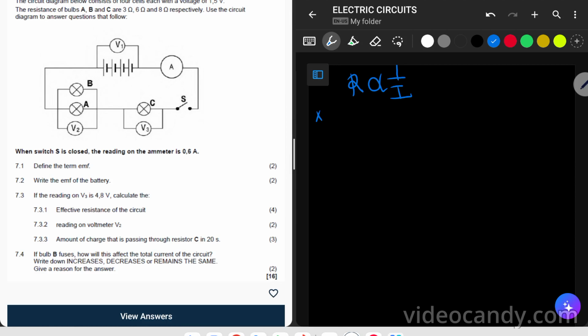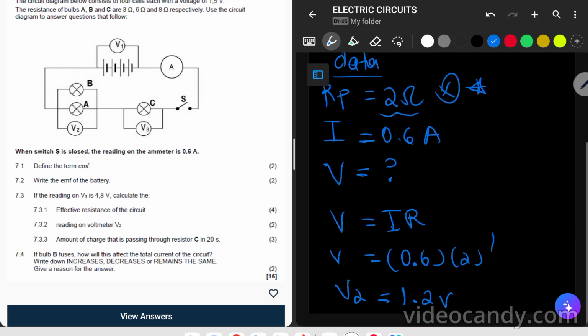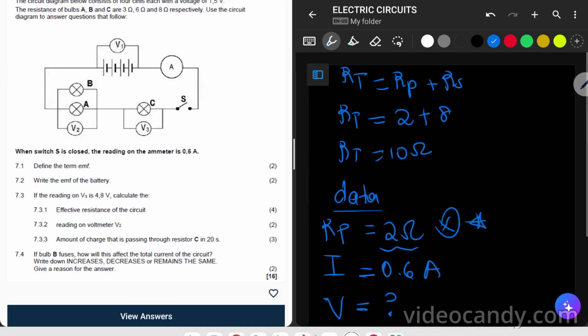Let's calculate. So, you remove B as a resistor. Therefore, you'll be having 2 resistors that are in series, which means you will have 3 plus 8. And therefore your total resistance will be 11 ohms. What has happened to your resistance? Initially you got a 10.